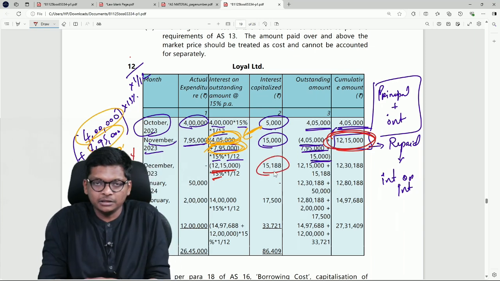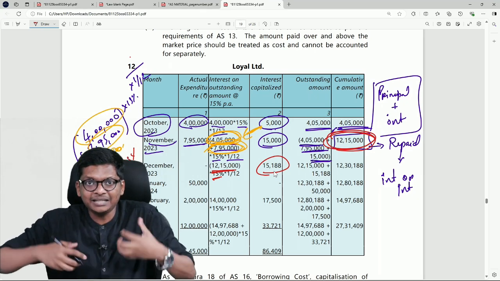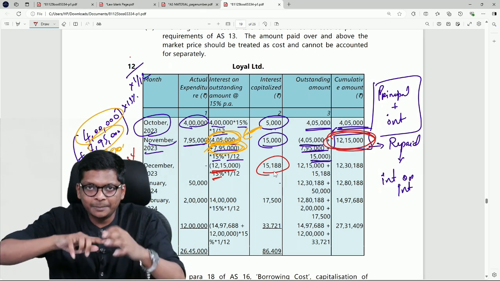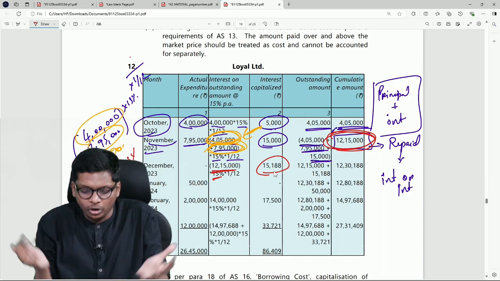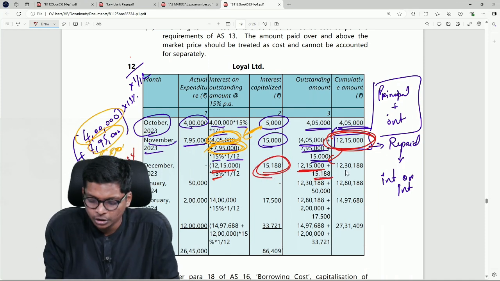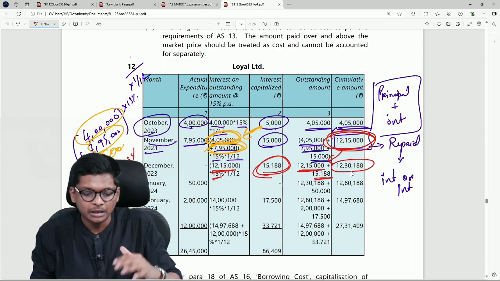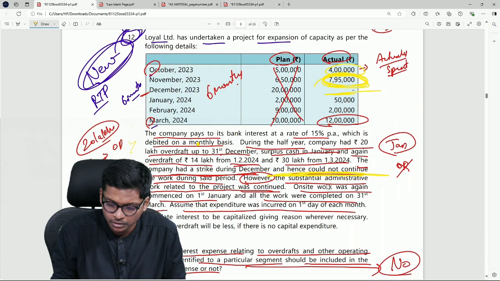You will get 15,188. Now, cumulatively, since the start, October, November, December, total principal plus total interest. Look at this, 12 lakh 15,000 previous thing plus 15,188. You will get 12 lakh 30,188.